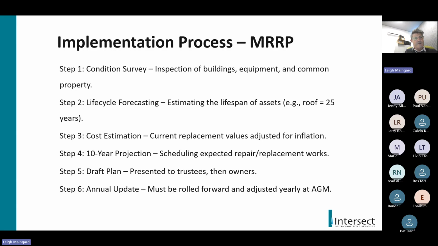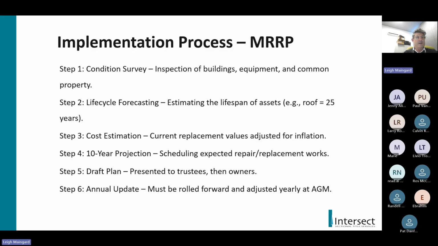Then life cycle forecasting has to be done, and this is where whoever is doing the 10-year plan, hopefully a consultant, can assess what the lifespan of the equipment or the assets is. Accordingly, they will then apply their calculations to arrive at a potential expense in the future.